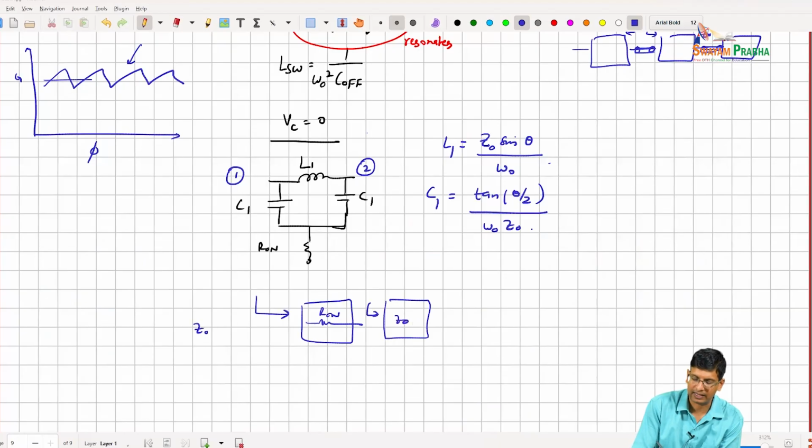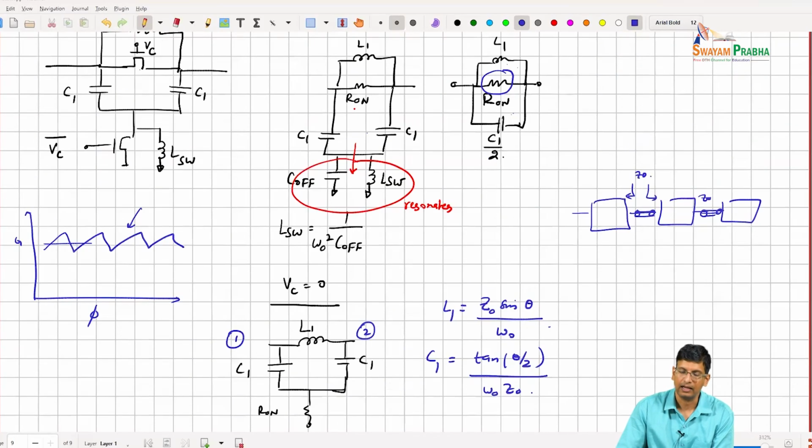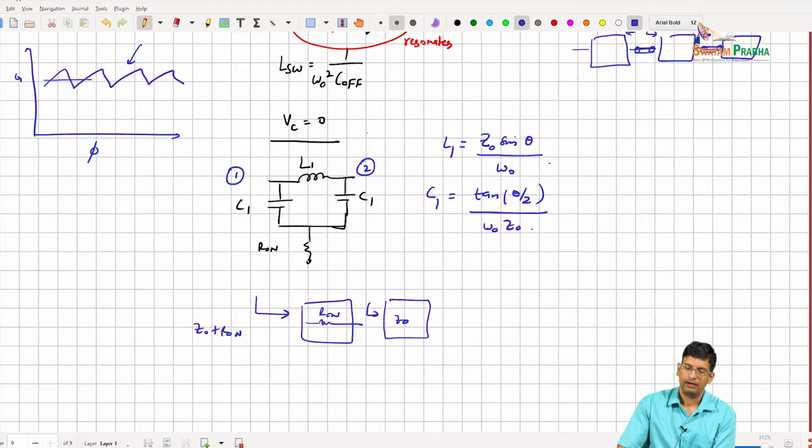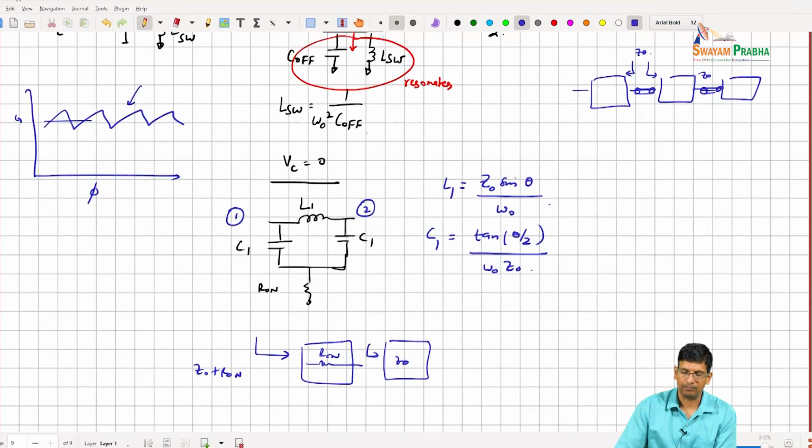Then over here I see Z naught plus R on, right? So I am getting mismatches as I go through these states. That's going to happen. So that's one thing, right?